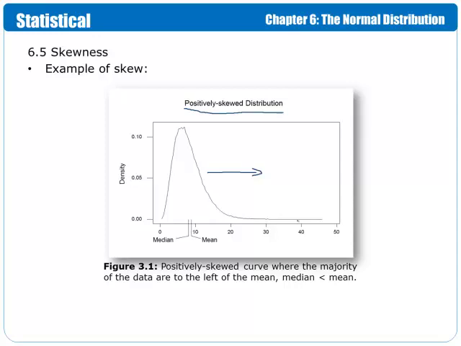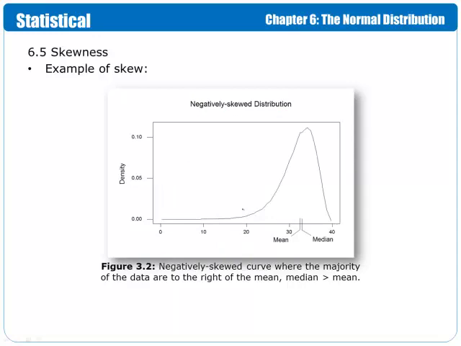Notice in a positively skewed distribution what effect that has on the mean and the median. Now the mean and the median are not in the same spot. When you have a positively skewed distribution, the mean is to the right of the median, and on this second graph we have a negatively skewed distribution or a left skewed distribution, and the mean is to the left of the median.